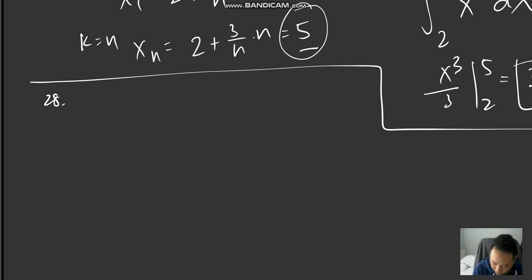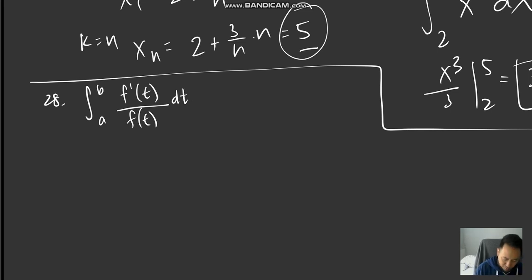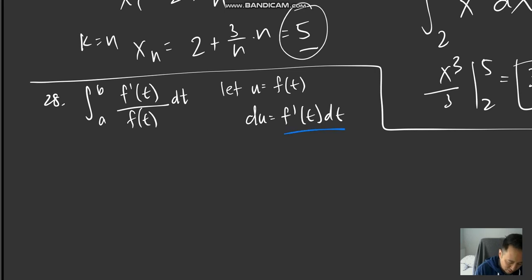So this is number 28. We have the integral from a to b of f prime of t over f of t dt. If we let u equal f of t, conveniently du is going to be f prime of t dt, which is nice because this is all upstairs right here. So I'm going to convert everything in terms of u.